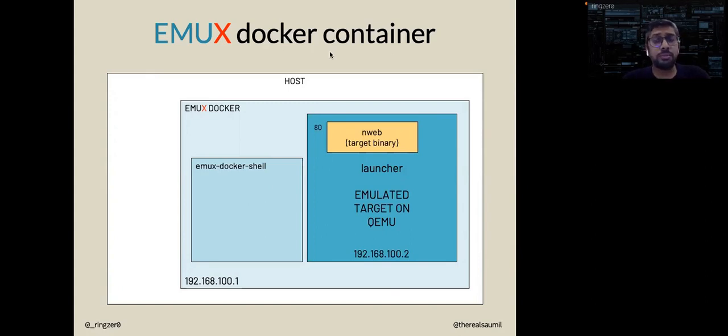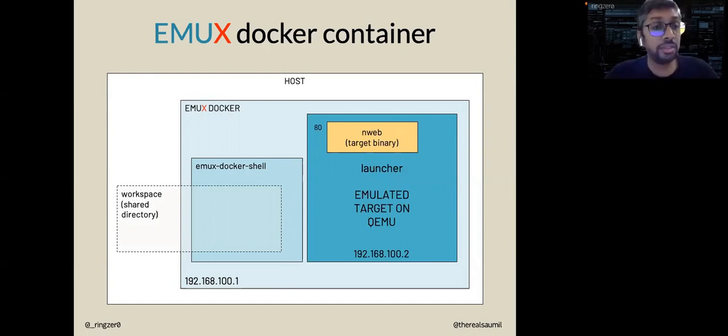There are a few creature comforts that we've built into EMUX simply for a better workflow. One of these things is a workspace directory, which is a shared directory. Within your EMUX container, you will have a workspace directory, which is shared across your host. You can access the files in the workspace from within the container, within EMUX Docker shells, and you can also access the same files from your host.